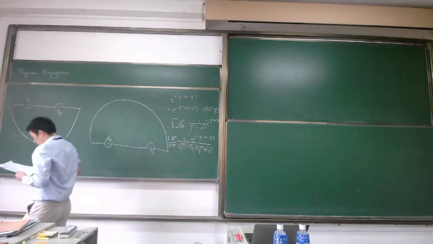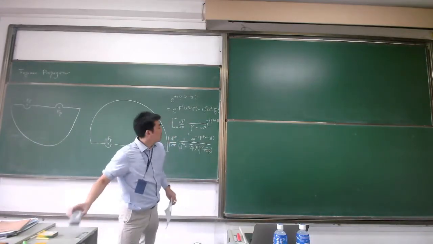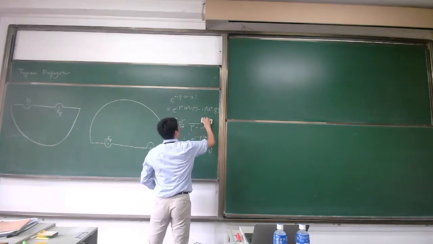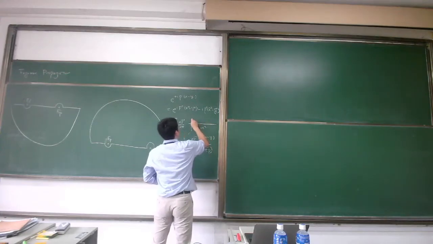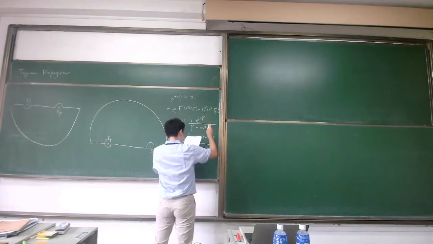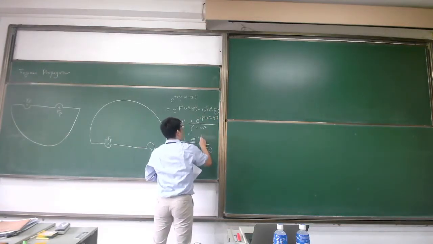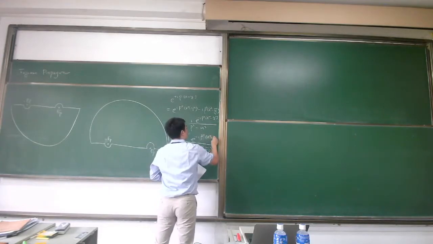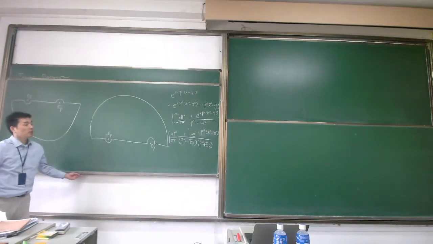I'm very sorry, I should write bigger. And also e to the minus i p naught, x naught minus y naught, and this is also p naught, x naught, y naught. Okay, so we manipulate it this way.